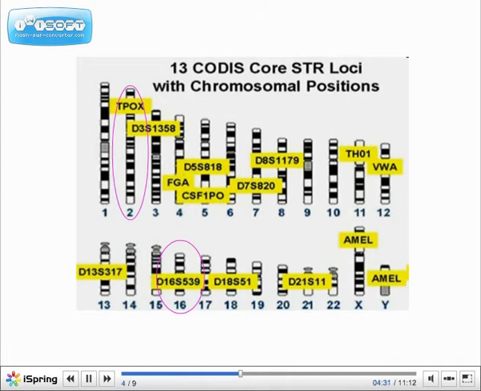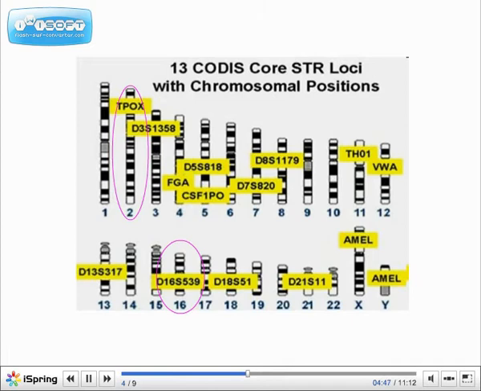This means that allele 12 at the TPOX locus has 12 copies of AATG repeated in tandem, while allele 8 has only 8 copies of the repetitive AATG sequence.